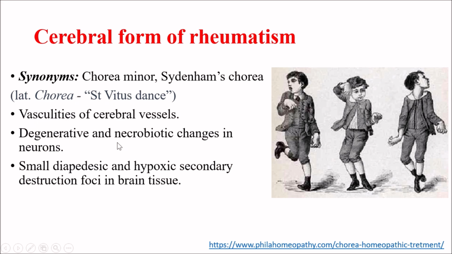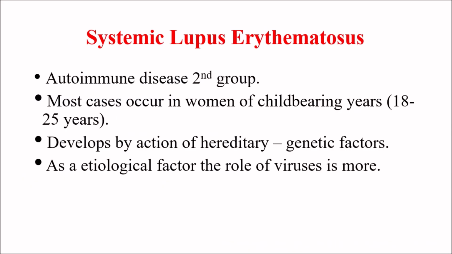During this form, we can find vasculitis in the cerebral blood vessels. The neurons undergo degeneration and necrobiosis, and small diapedetic and hypoxic secondary destruction foci we can find in the brain tissue.